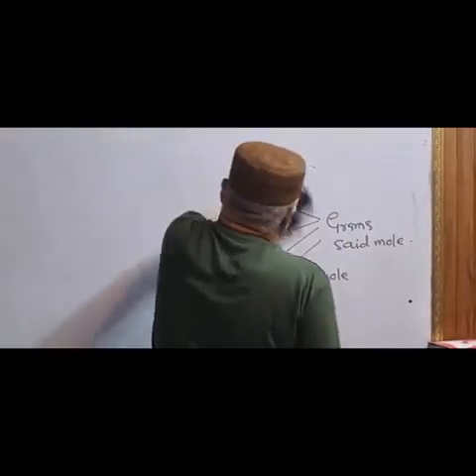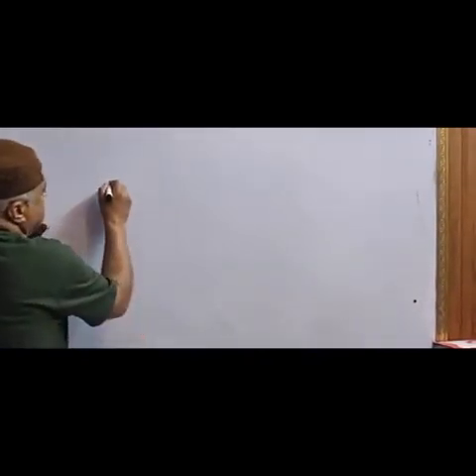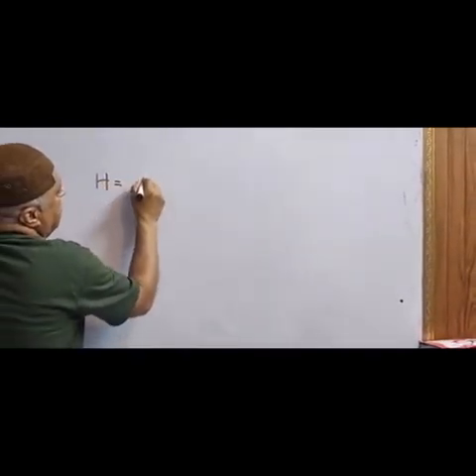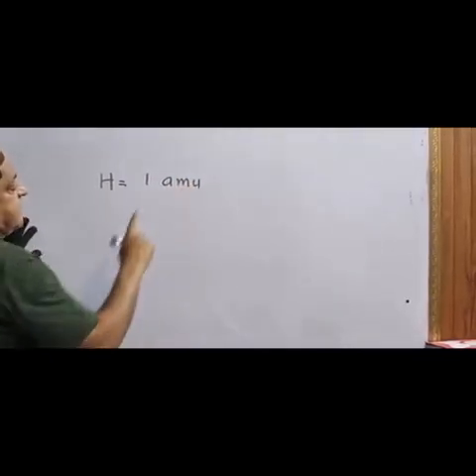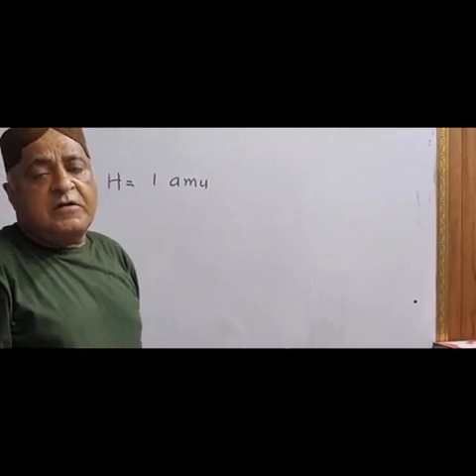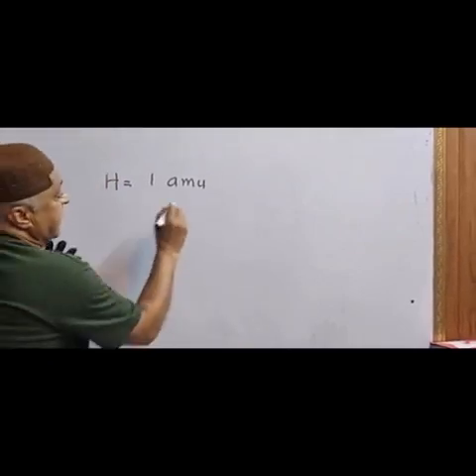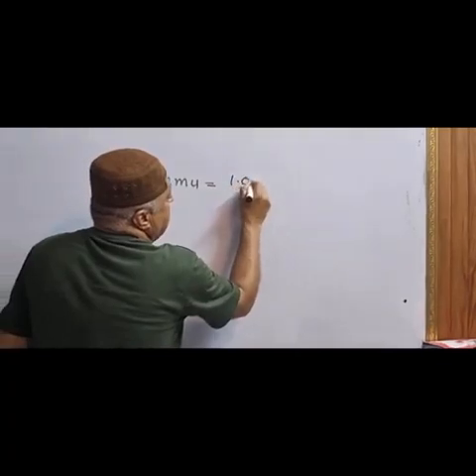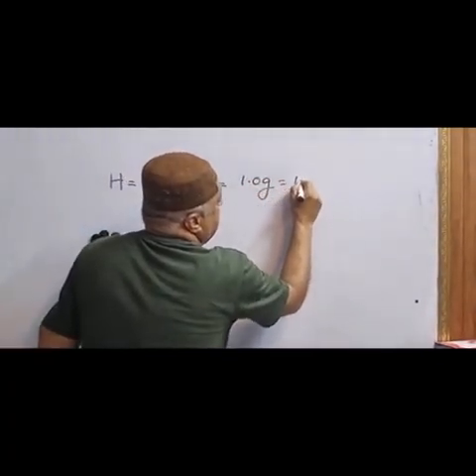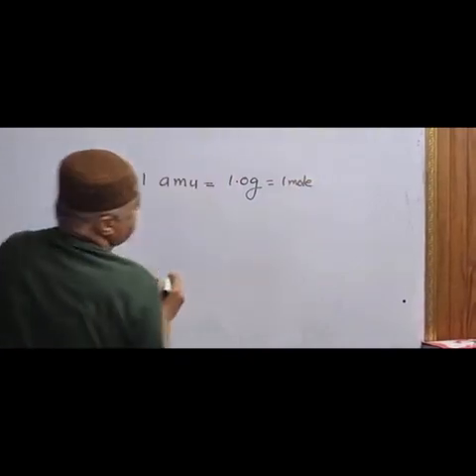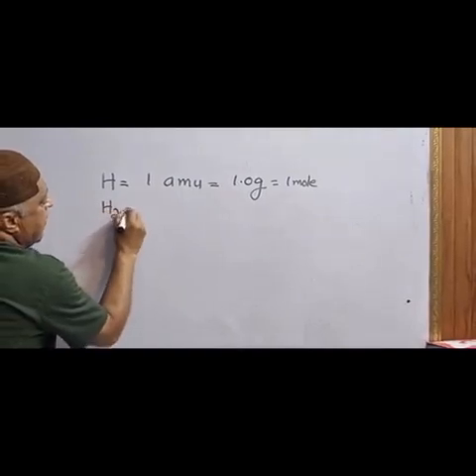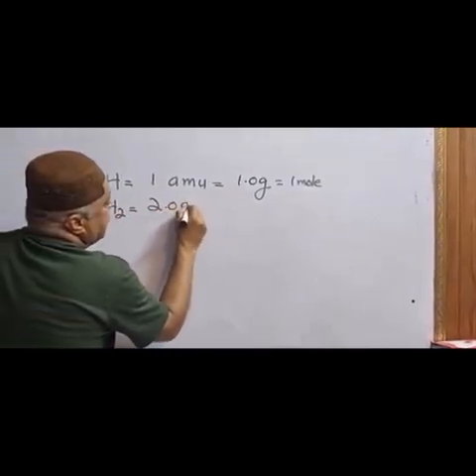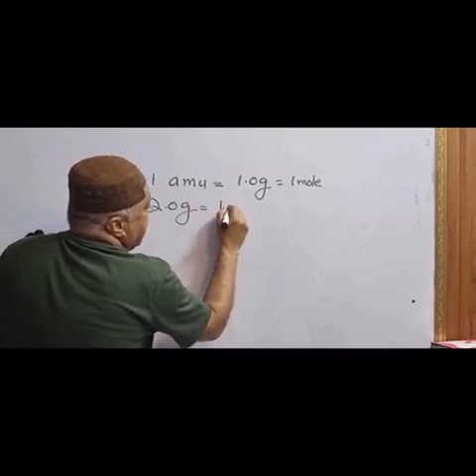Now suppose we write here hydrogen. It is an atom, atomic mass is in AMU. Now this is not a mole. When we write here 1 gram, it will be equal to 1 mole. For the molecule H2, 2 gram will be equal to 1 mole.